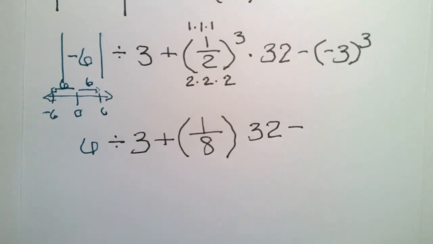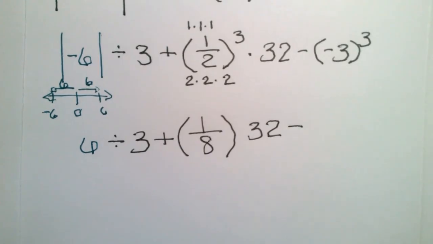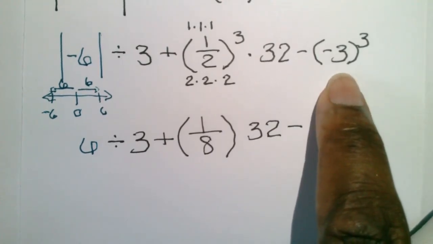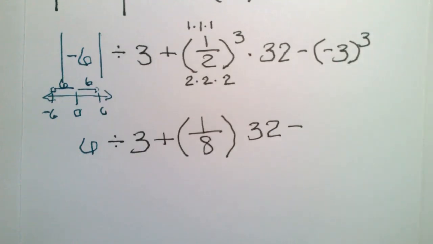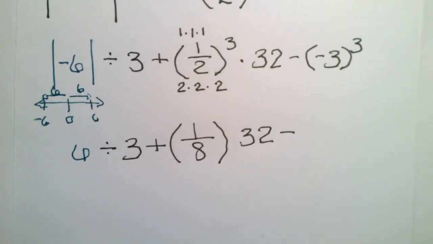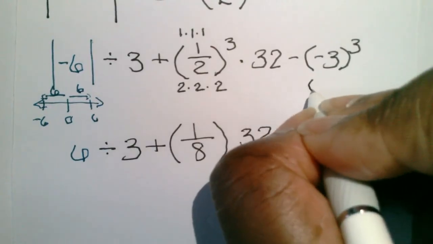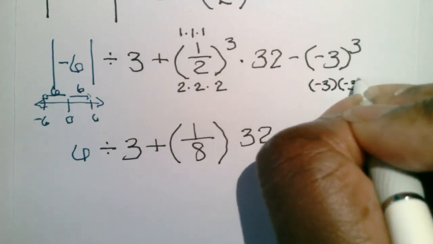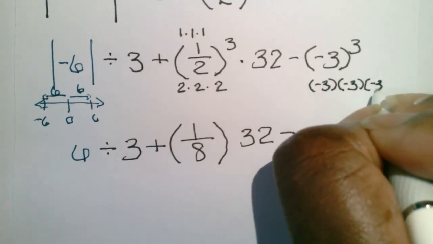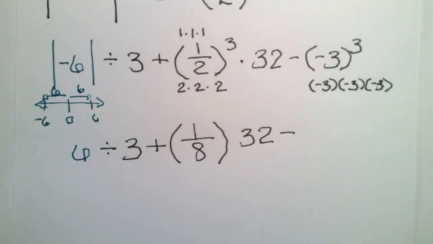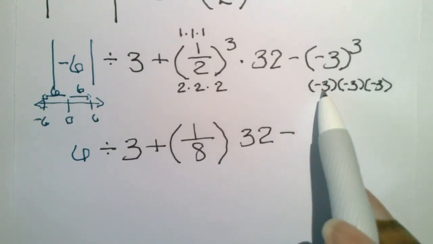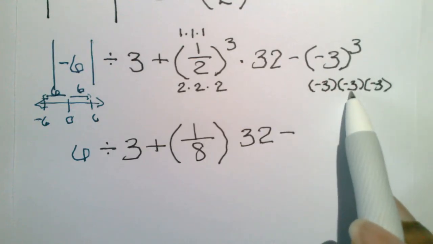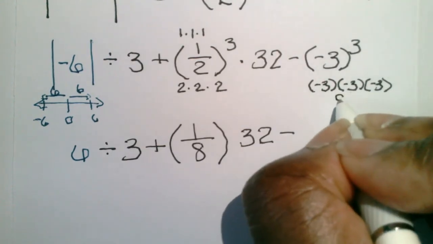Bring down my minus. Now here we have a negative 3 to the third power. So the same thing is happening here. We are multiplying this base of negative 3 to itself 3 times. So negative 3 times negative 3, this gives me a positive 9.